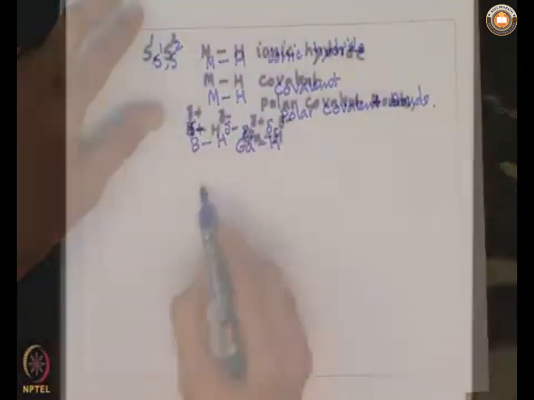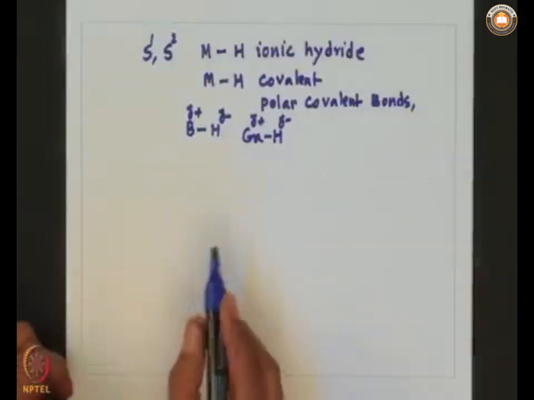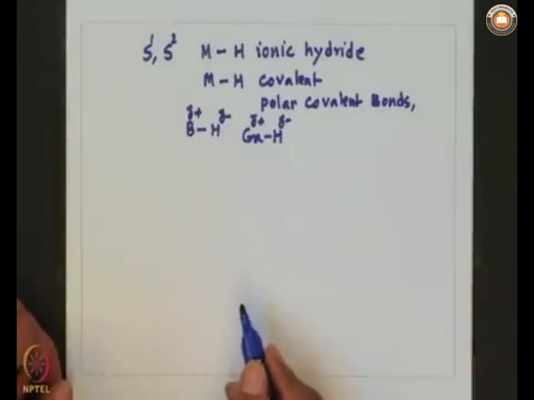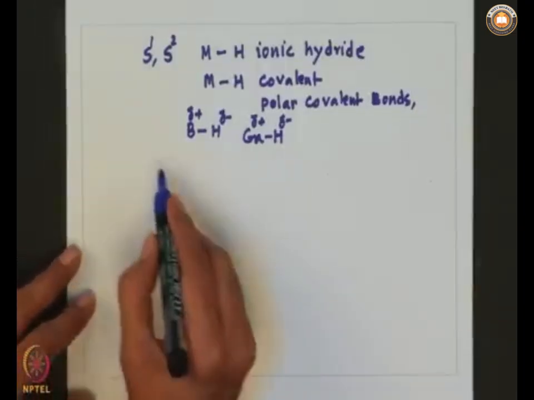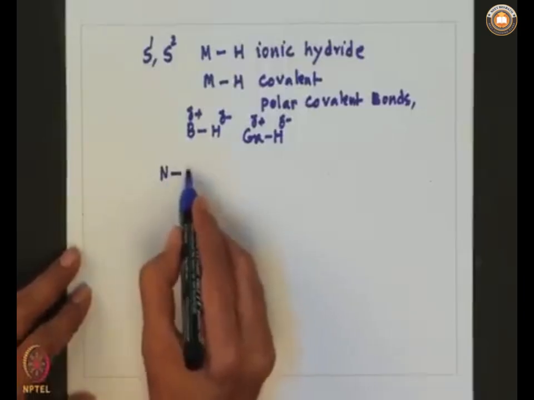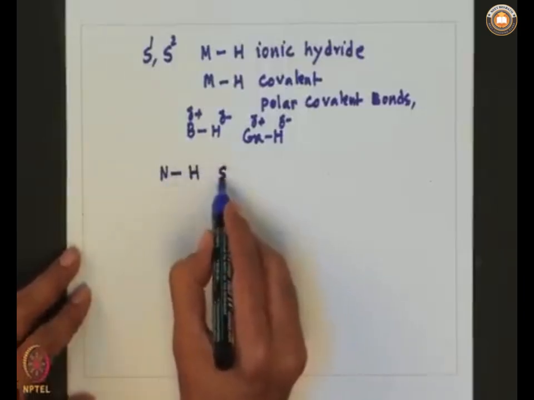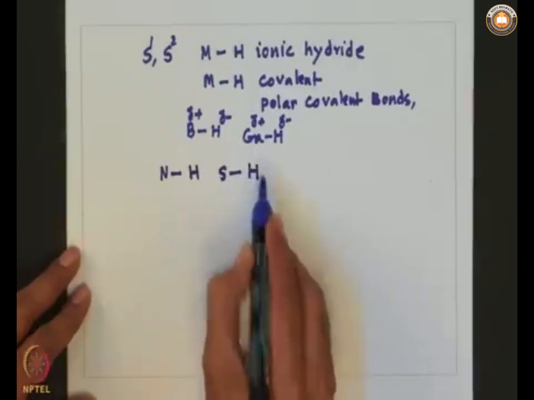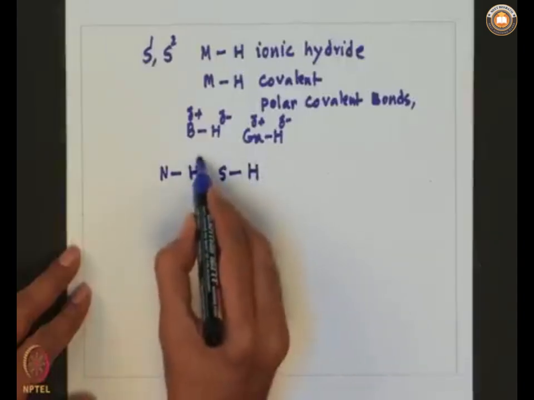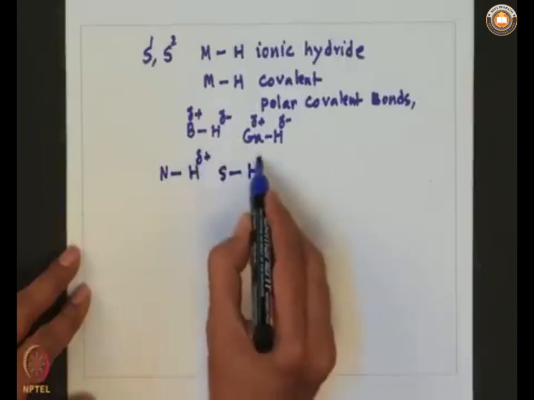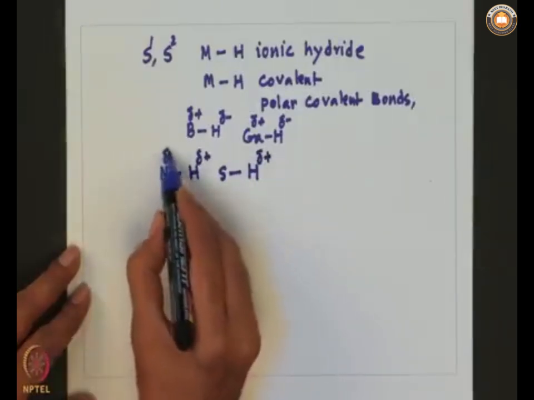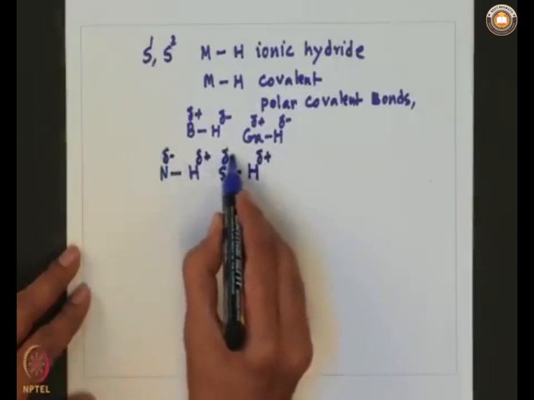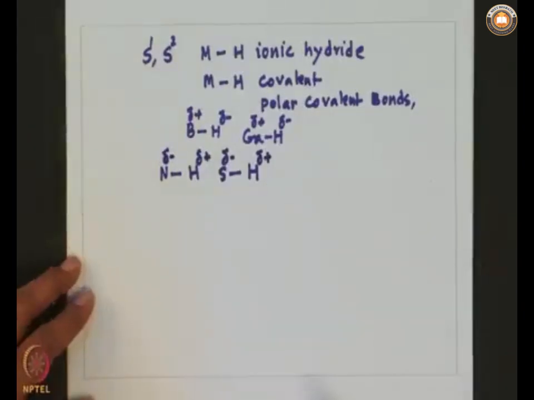In contrast, in case of nitrogen and sulfur, both being more electronegative compared to hydrogen, hydrogen carries positive charge in both the cases, whereas nitrogen and sulfur carry negative charges.